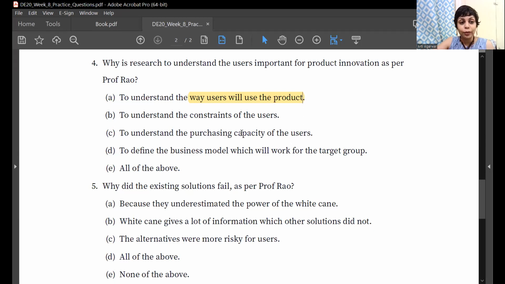Is it a stationary object? Is it a moving object? How far is it from the person? Is it close or is it far? Is it an animal? Is it a building? Is it a stone? Is it a vehicle?